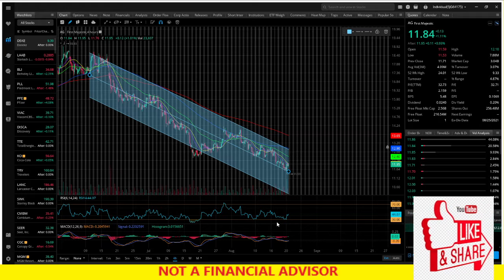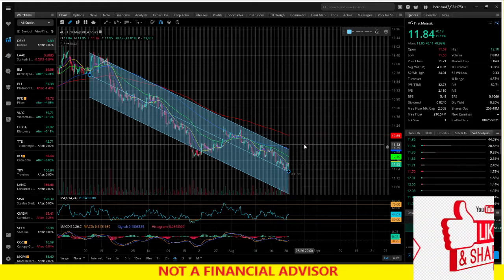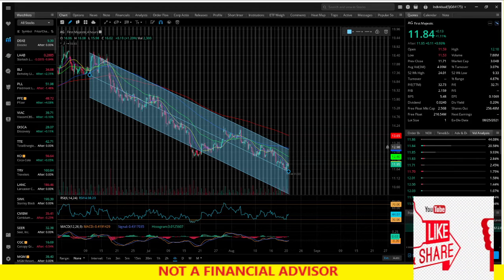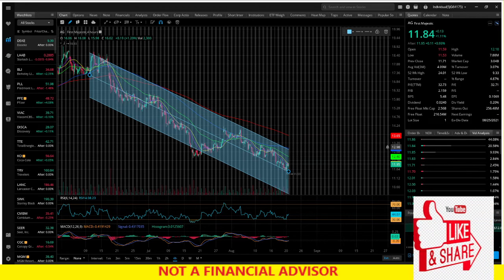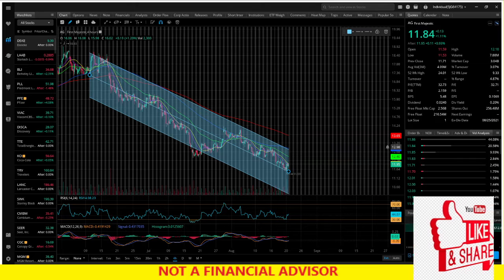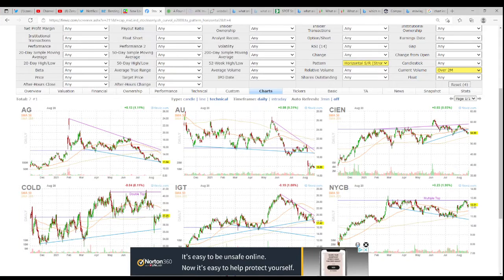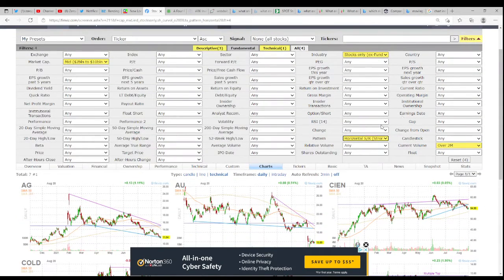So now that'll alert us if that ever pops up over this trend here or gets to that point. Just to move things forward a little bit, we won't look at any more on this one. But you can see that there are other patterns here. You can do ascending triangles, stuff like that. So that's how to use the pattern one.